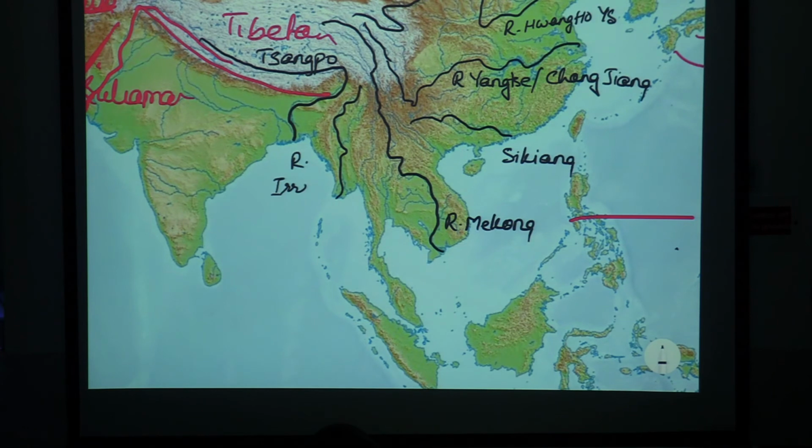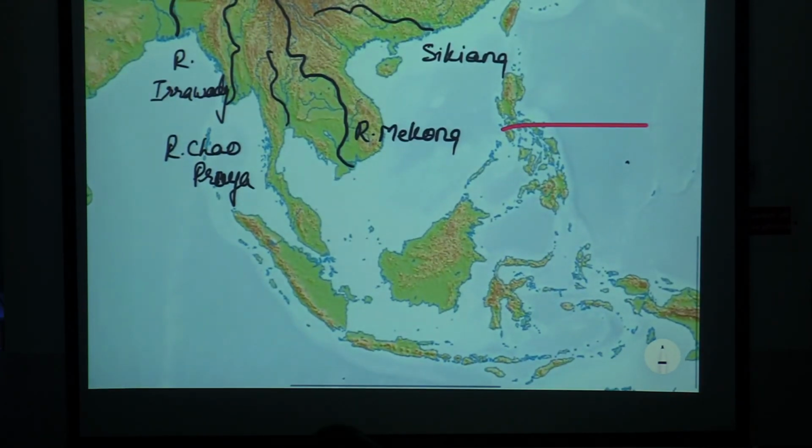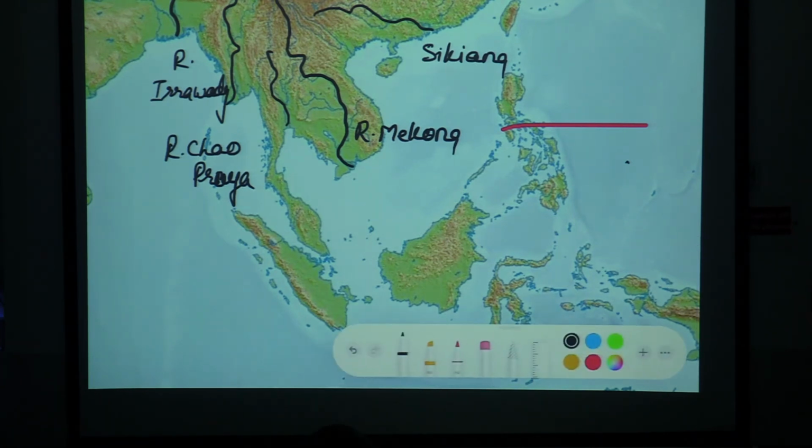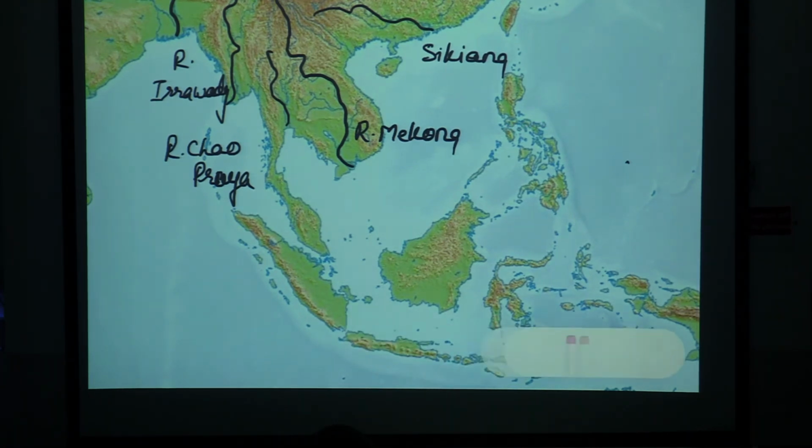River Irrawaddy, lengthiest river of Myanmar. River Chao Phraya, Thailand. Borneo.